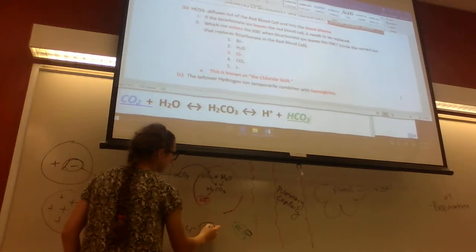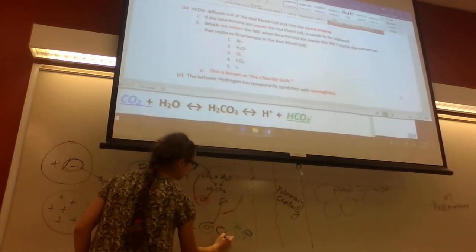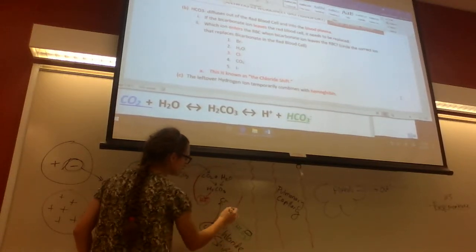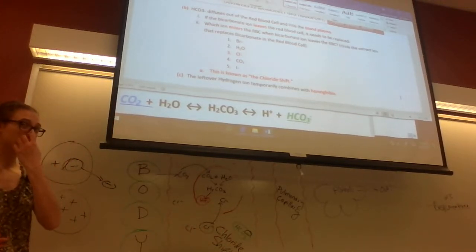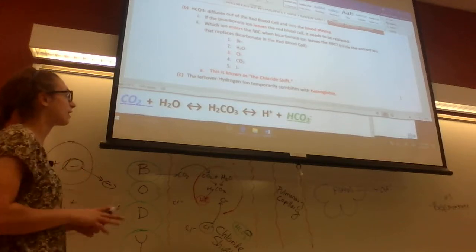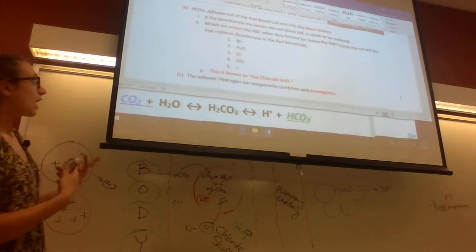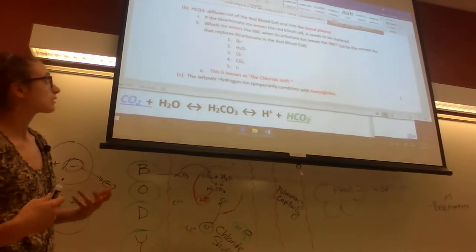So chloride just kind of takes the place. And that's called your chloride shift. Chloride shift is when chloride switches places with bicarbonate. So that's where that's coming from, if you ever see that. So the next question is asking which ion enters the red blood cell when bicarbonate ion leaves? It's chloride.